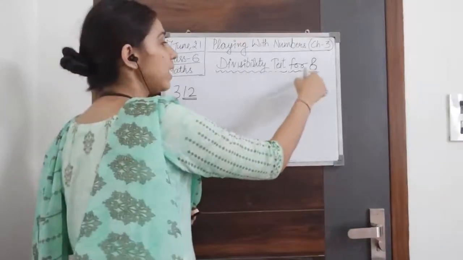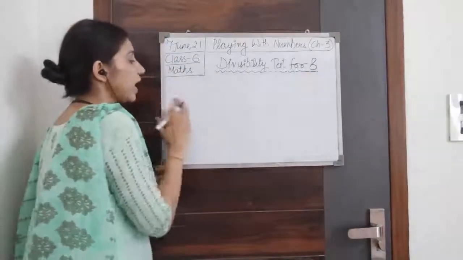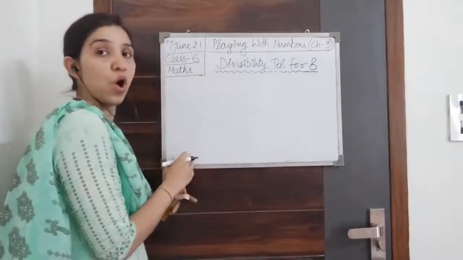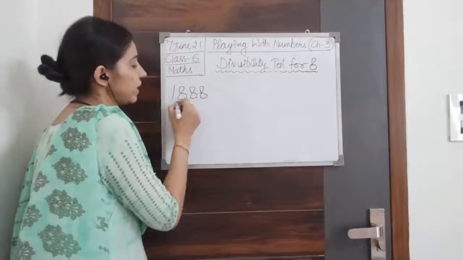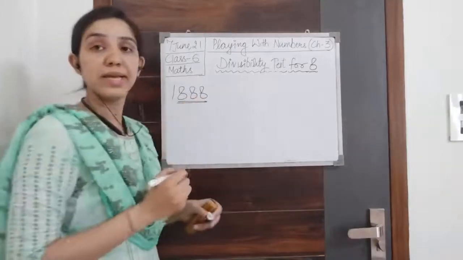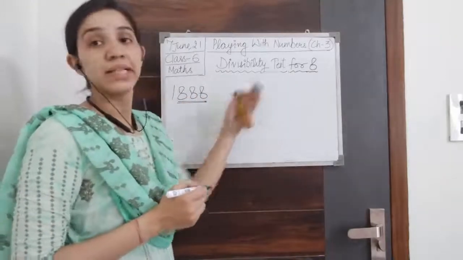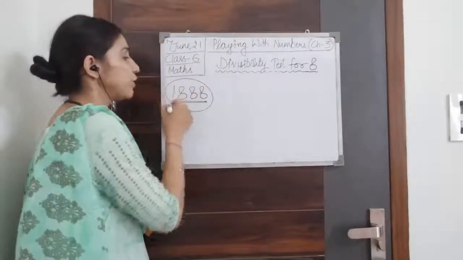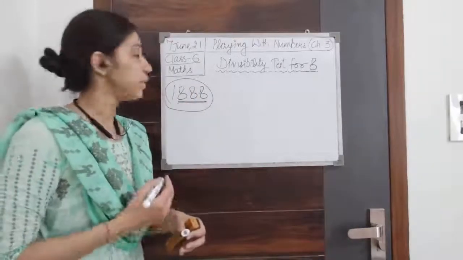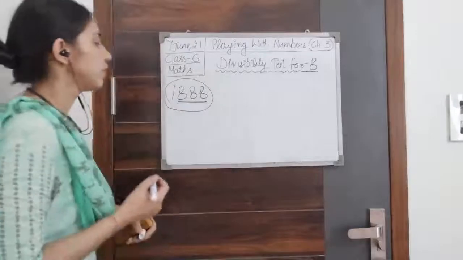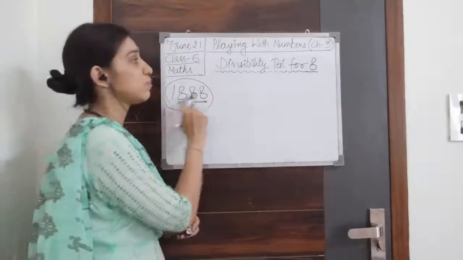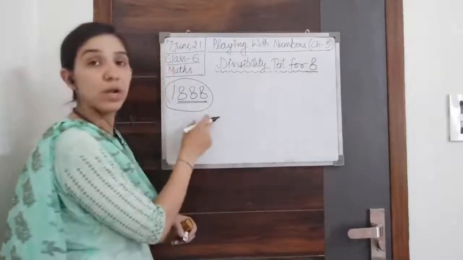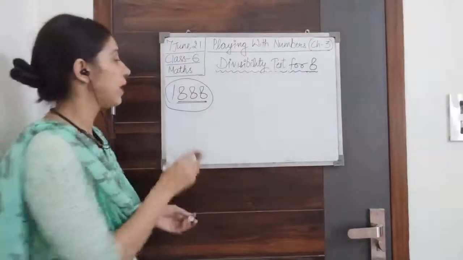Divisibility test by 8 says that for any 4-digit number or larger, if the number formed by last 3 digits is divisible by 8, then the whole number will also be divisible by 8. मैं repeat करती हूँ. If the number formed by last 3 digits is divisible by 8, then the whole number will also be divisible by 8.